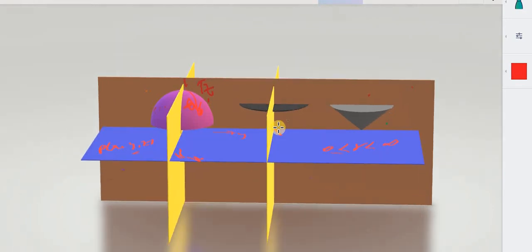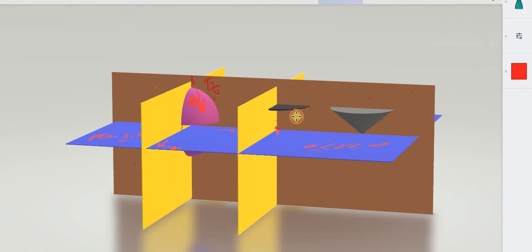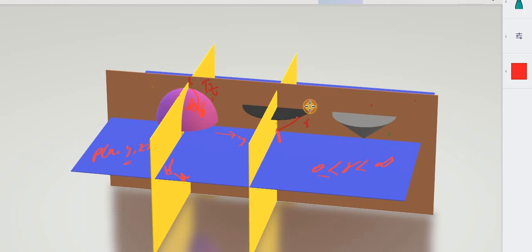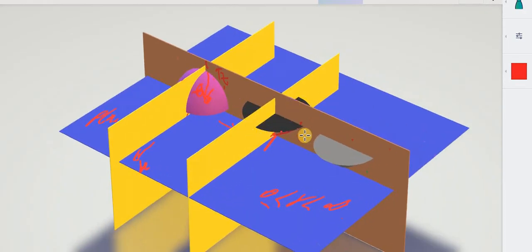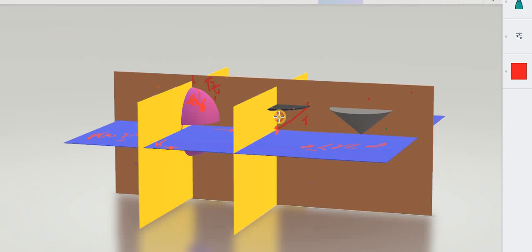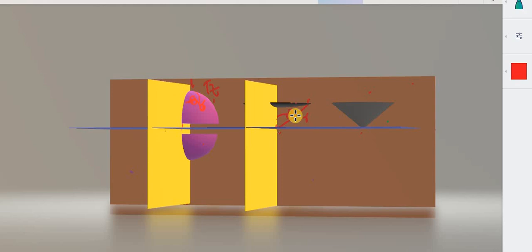Suppose one point is here, and this is r, for any point P. It could be here, it could be there, anywhere, and the angle between the z axis and r would be theta. What is the maximum theta?